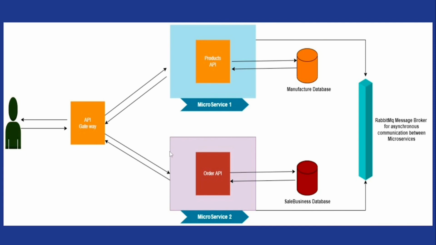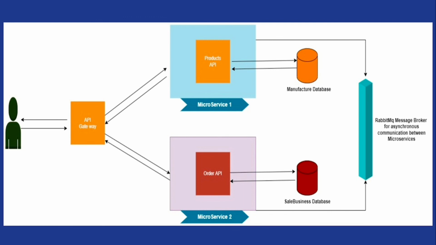But if you use an API gateway, we can map all our microservice endpoints into the API gateway, and our UI or client applications simply invoke the API gateway application. The API gateway will communicate internally with the respective microservice and deliver the response to the client.